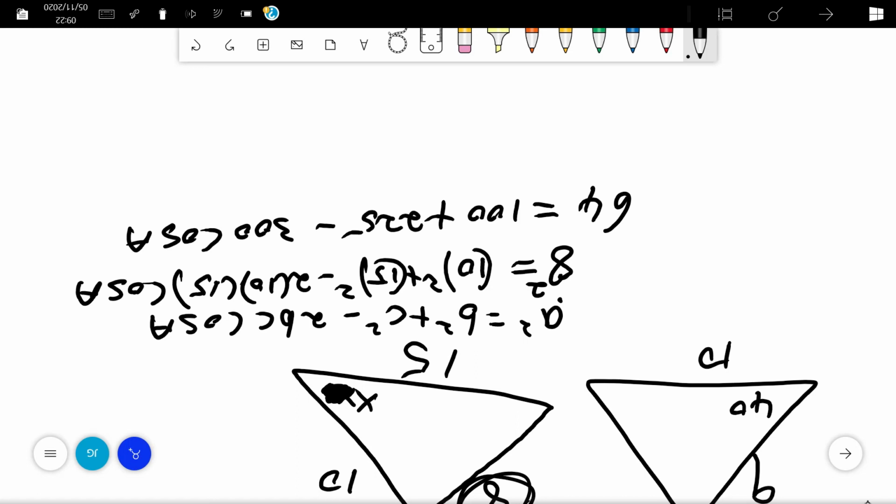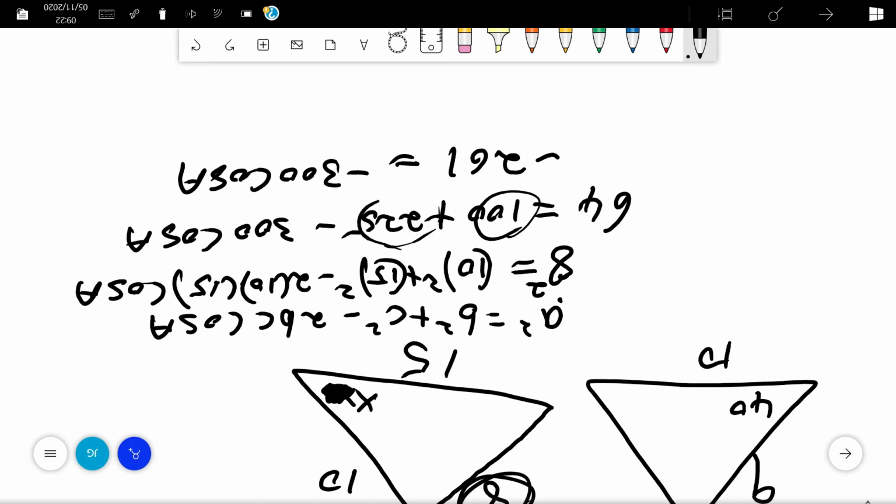So I'm going to do a bit of calculating here now. 64 take 100 take 225. So I'm getting minus 261 is equal to minus 300 cosine A. Again, being careful that I can't subtract the 300 from these 2 numbers here.